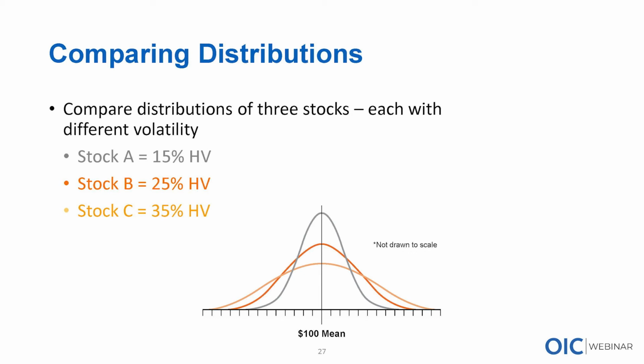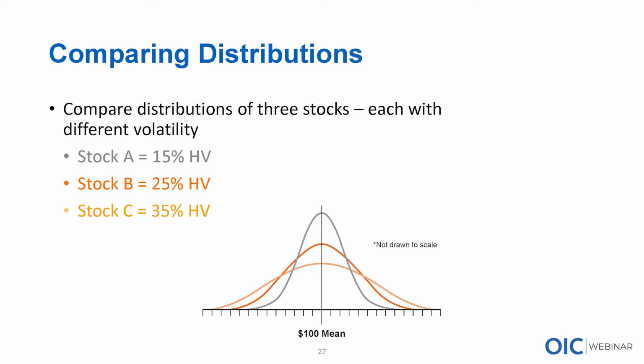Which stock do you think would have higher priced options? Well, naturally, it would probably be stock C, because it's got a greater range. It's demonstrated that it's more volatile in the past, over the period we're looking at here, than stock B or A.